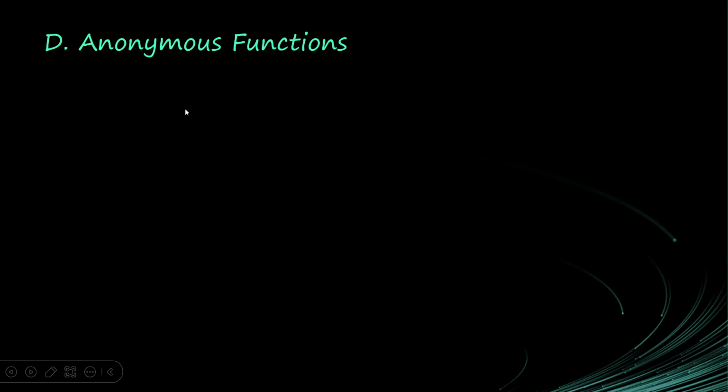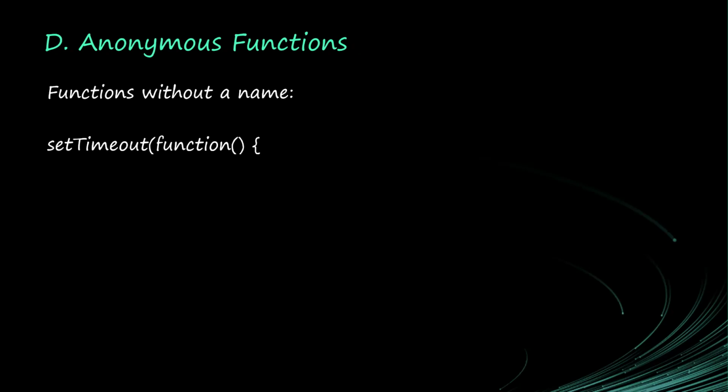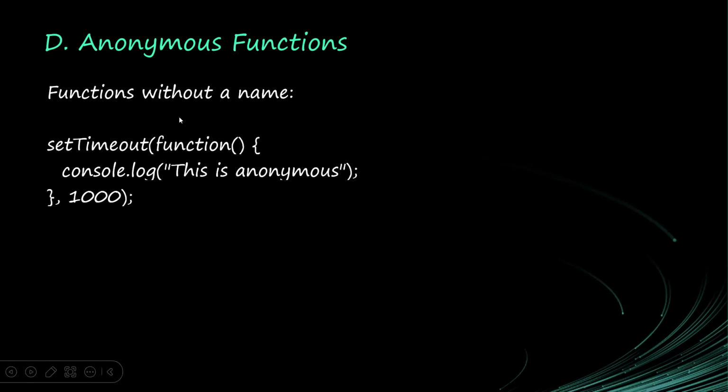Okay. We also have anonymous functions. Anonymous functions are functions without a name. You can see we are using setTimeout, and inside of this setTimeout, this is what we mean by callbacks. We'll talk about callbacks in another class, so I'm not going to explain it here. But anonymous functions are mostly used in callbacks.